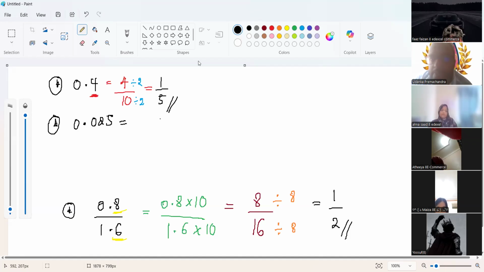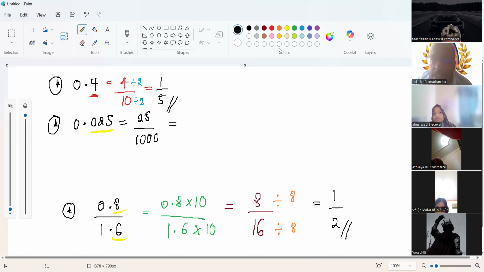Now 0.025. It has 3 decimal places, so 3 zeros, which means 1000. So it's 25 over 1000.